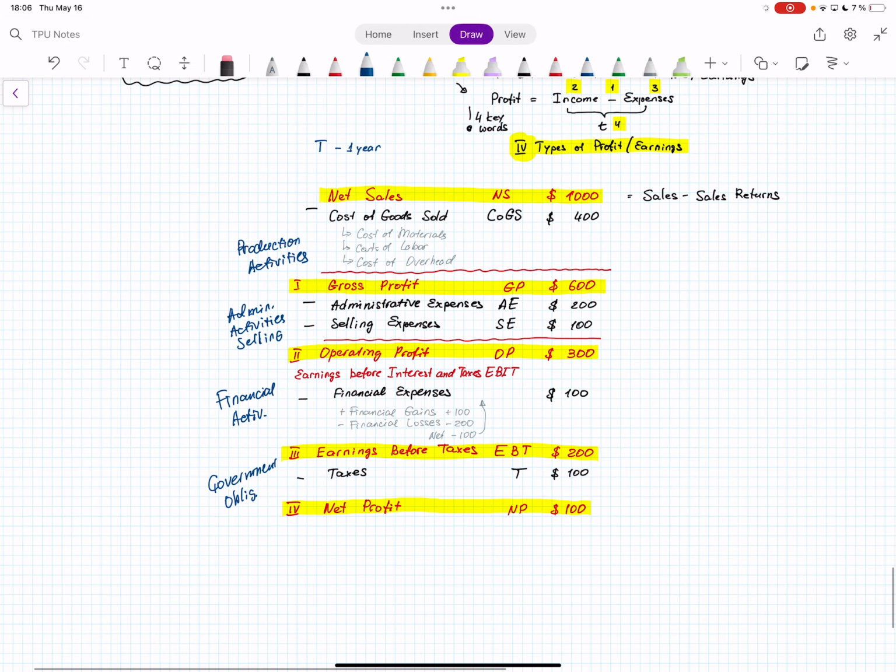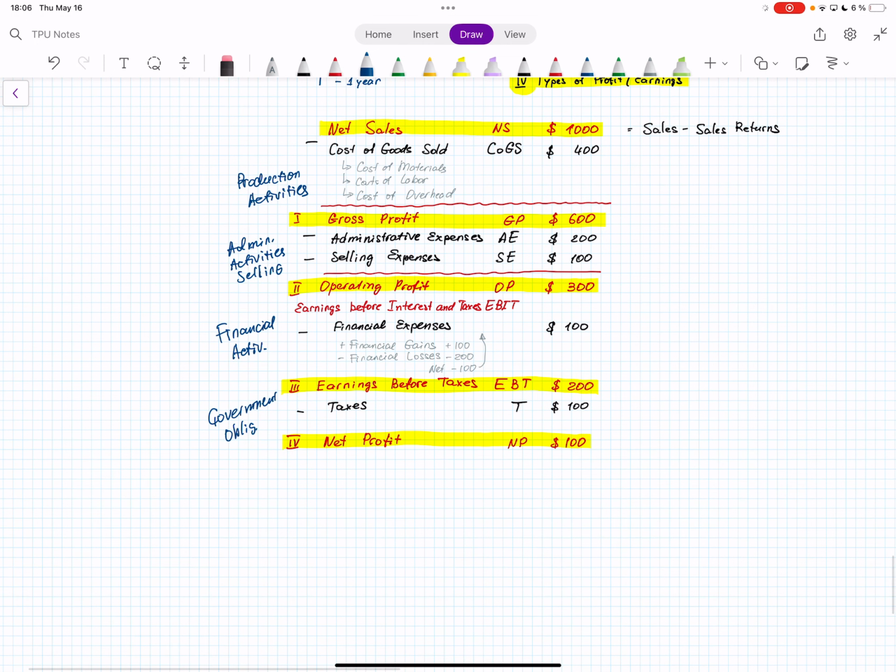So see, all the areas of the company, here's our production, here's our administration, here is our selling, here is our financial area, this is what we pay to the government. So this is how we report all expenses in the company. And this is how we recover them from the net sales.